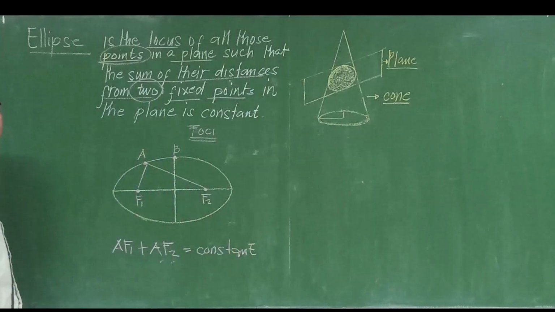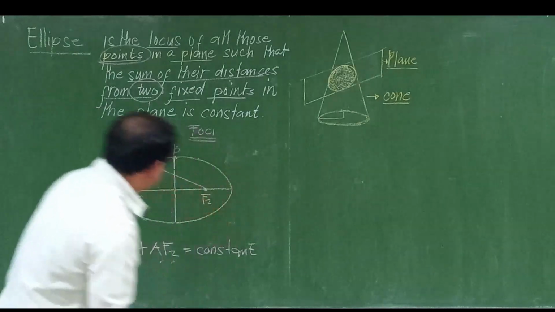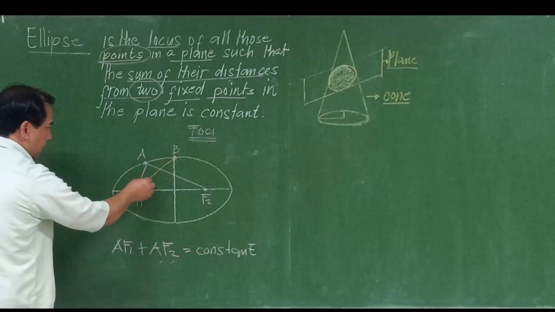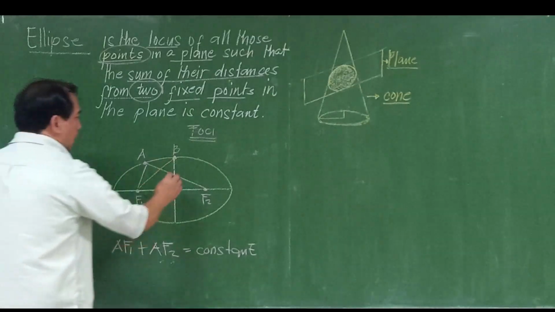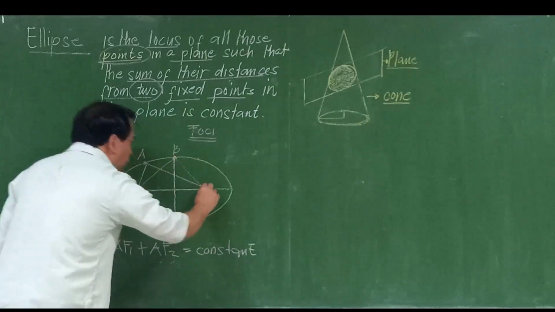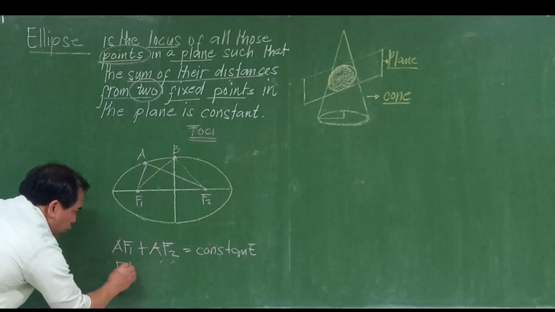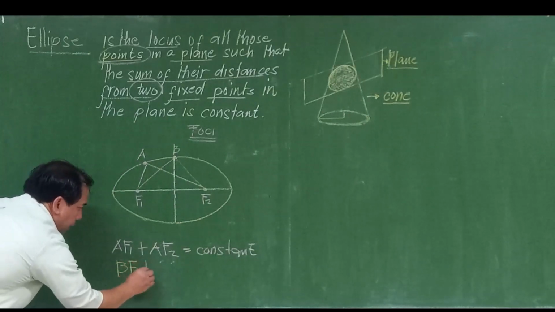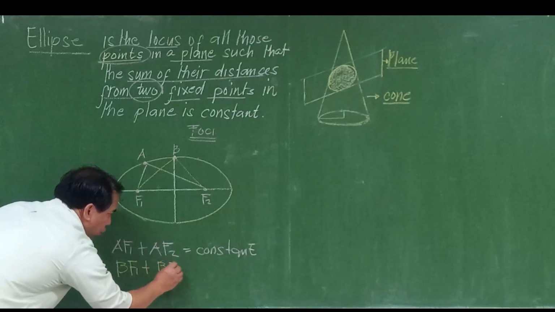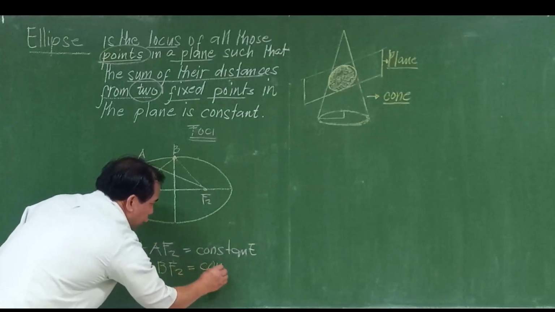Constant. So if I were to have also the distance of point B to focus 1 and point B to focus 2, I will say point B to focus 1 plus point B to focus 2 is still constant.